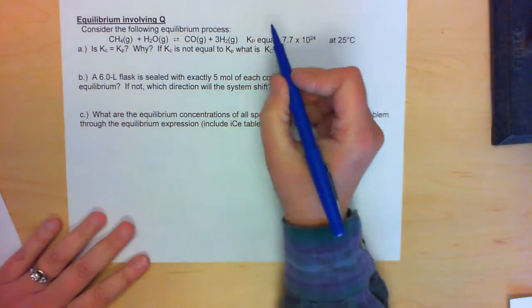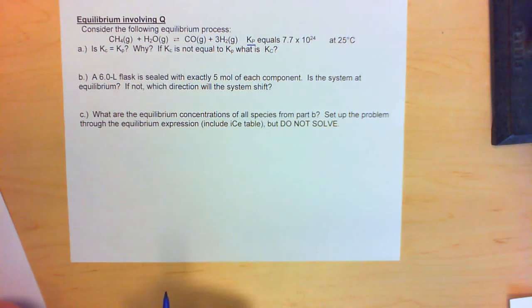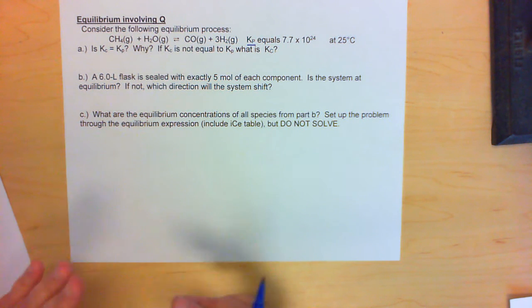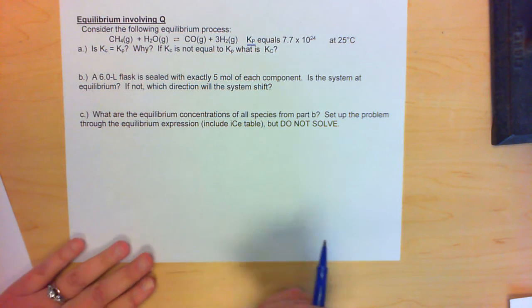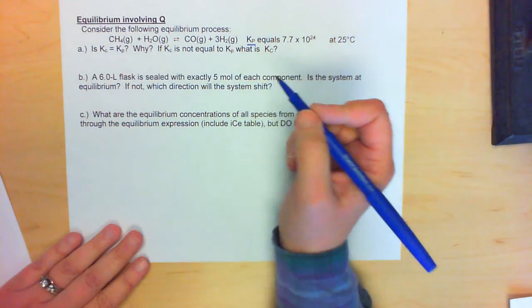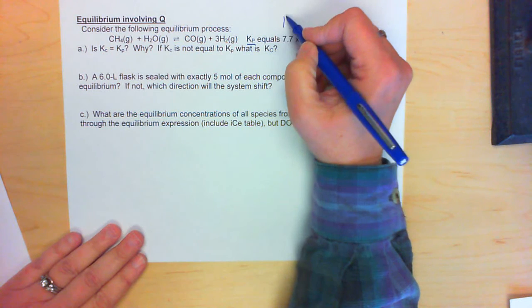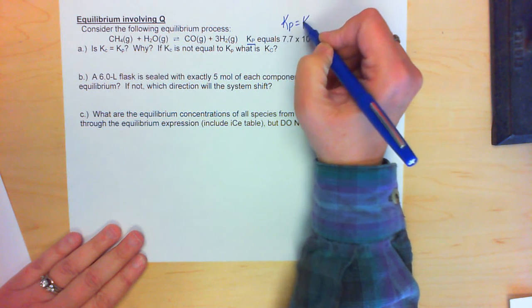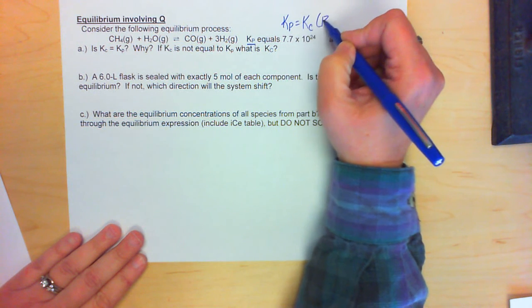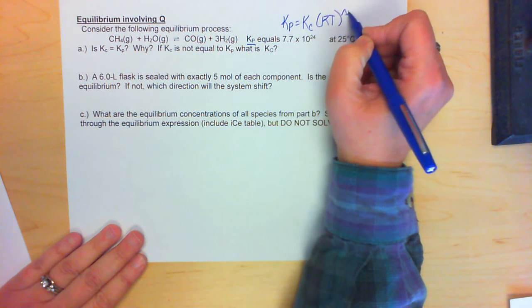We're given the value for Kp, and remember Kp is equilibrium of pressure. And the question is, is Kc equal to Kp, why, etc. So when we relate Kp to Kc, remember Kp is equal to Kc times RT raised to the delta n.